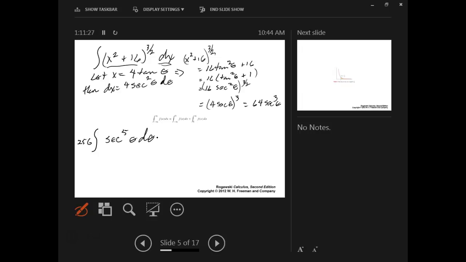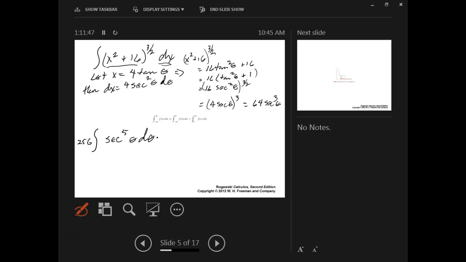In the back of your book, number 48 is the integral of secant to the nth u du. We've got theta d theta, and you just start working away at it, and you get the answer.